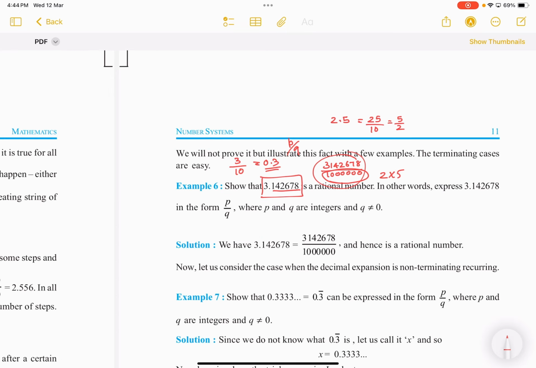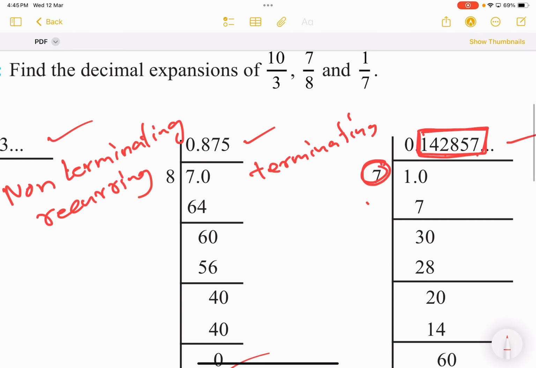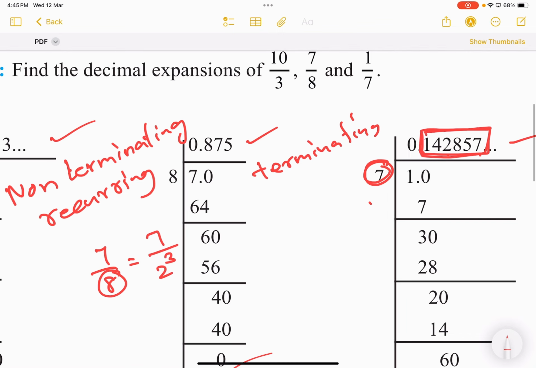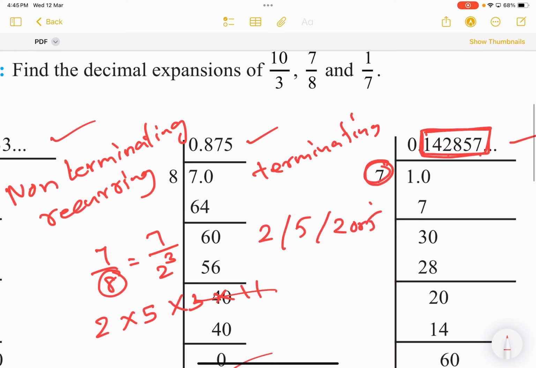Instead of dividing the whole thing, just look at 7 by 8. What is the denominator? 8, which is 2 cube, correct? So if your denominator has only 2 and 5 combinations, and no other prime factors, that means P by Q has a terminating decimal expansion.